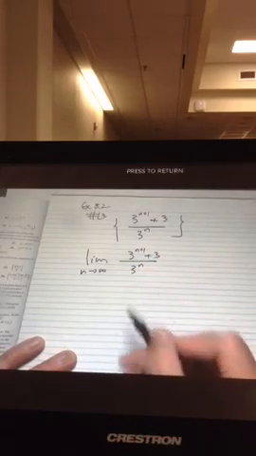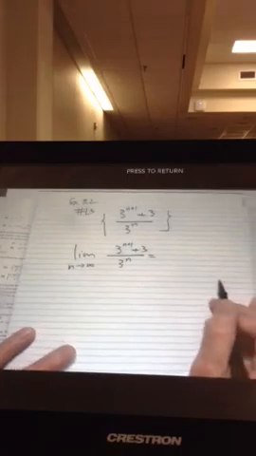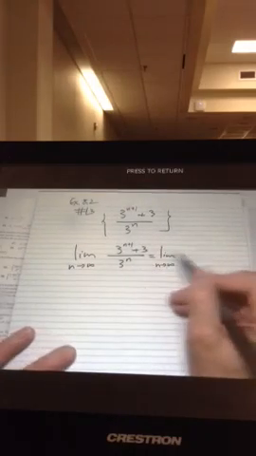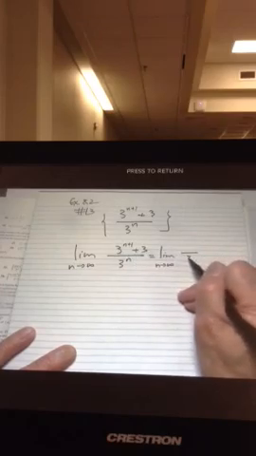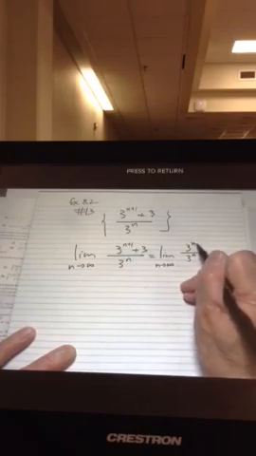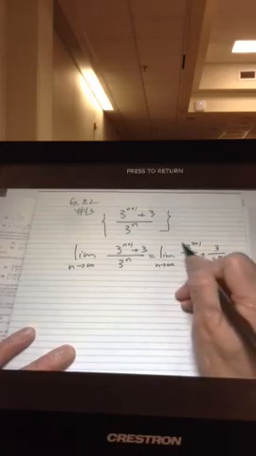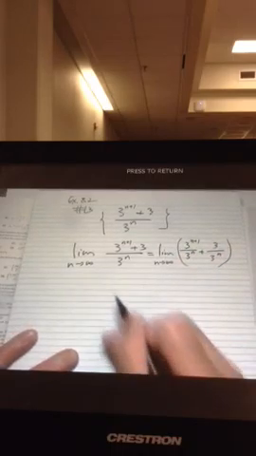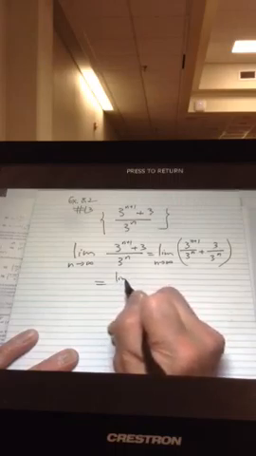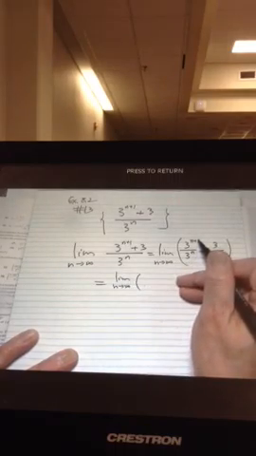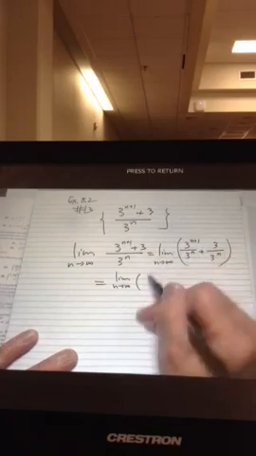All right, so I can do the following. I can use some algebra. This is the same as 3 to the n plus 1 over 3 to the n, plus 3 over 3 to the n. So the limit: 3 to the n cancels in the first term, so it's 3.